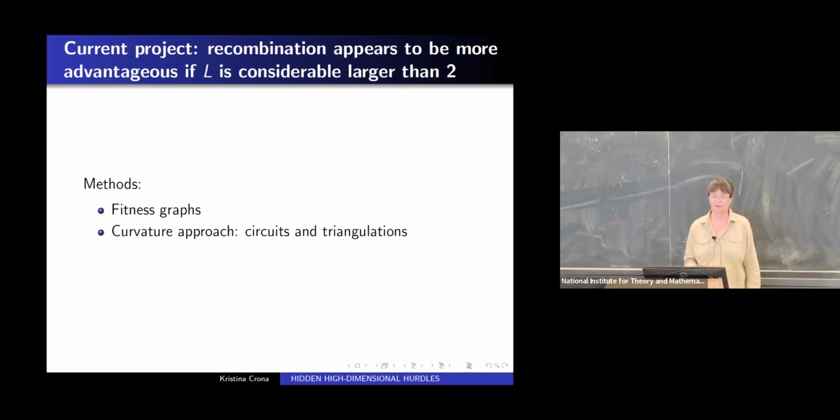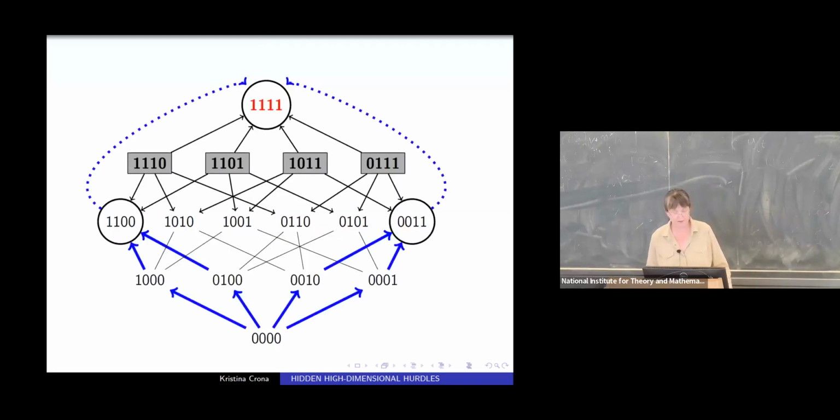Now, if you want to analyze all aspects of evolution, we obviously need more than graphs. I'm currently looking at recombination, and then I need fitness graphs, but I also need some idea of curvature, because the effect of recombination is very sensitive to curvature. But I should first show fitness graphs that I used for analyzing recombination.